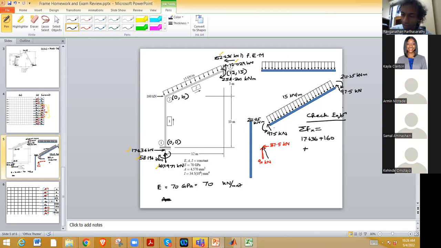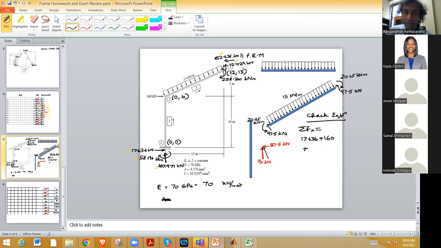So what is the horizontal component? 15 times 5 over 13, 5.769 something.